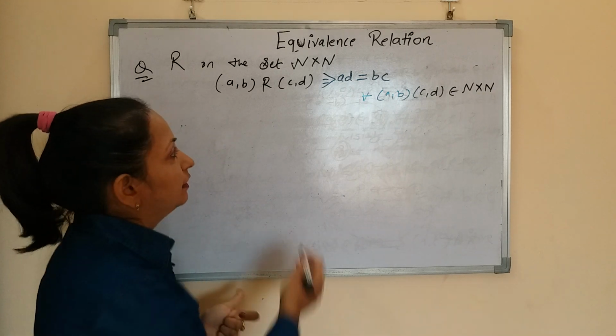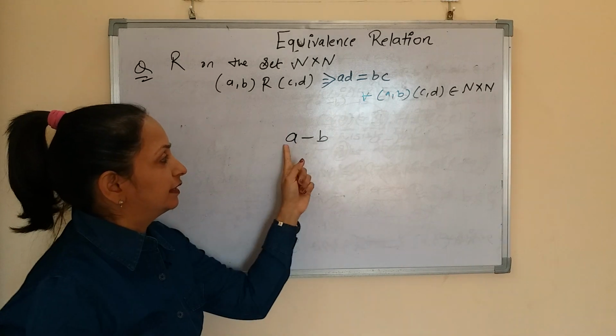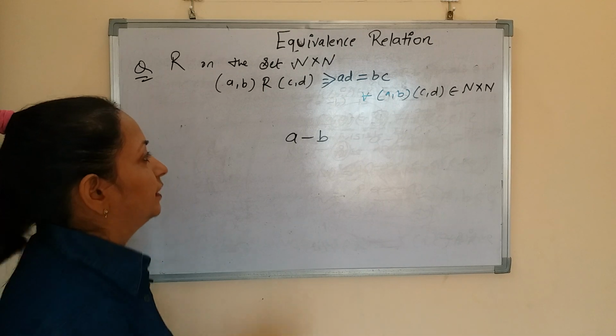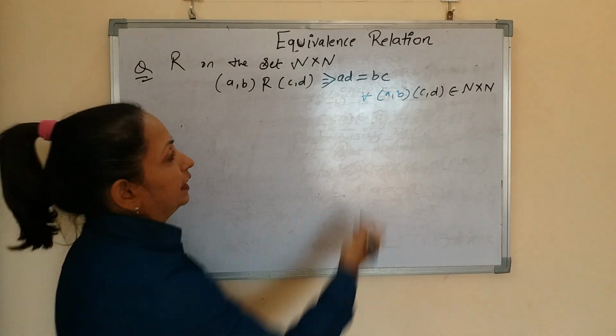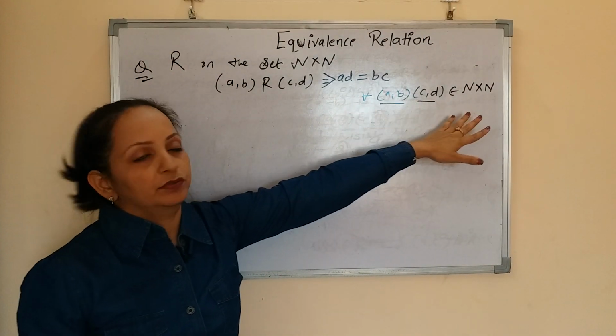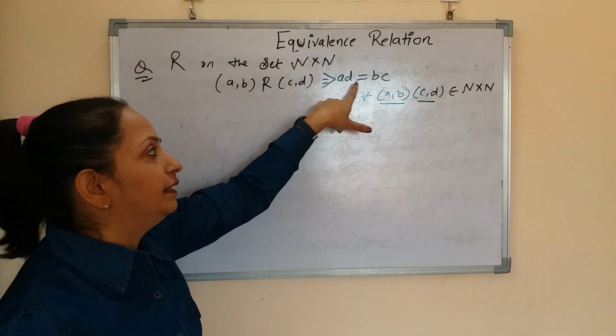In the last example, it is written as A minus B is divisible by N, and here I am getting a relation on the pair of elements. That means we are working on pairs now, that is (A,B), (C,D) belongs to N cross N, and the pair relation definition is AD is equal to BC.